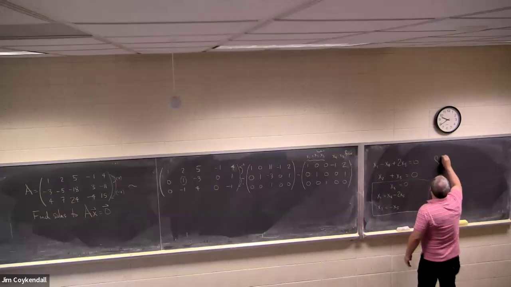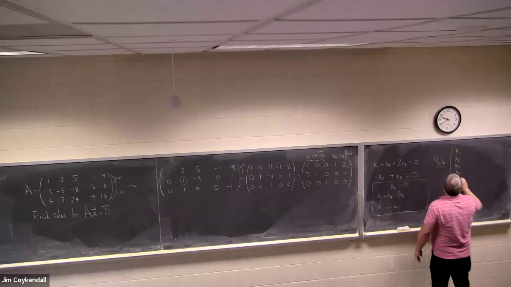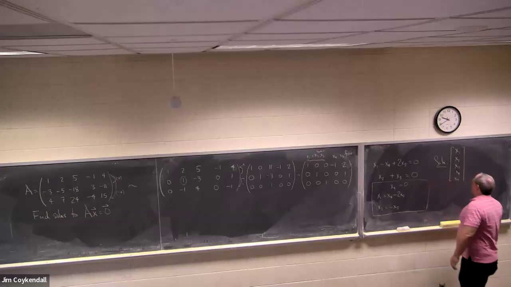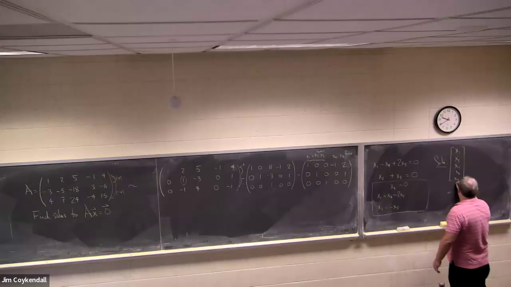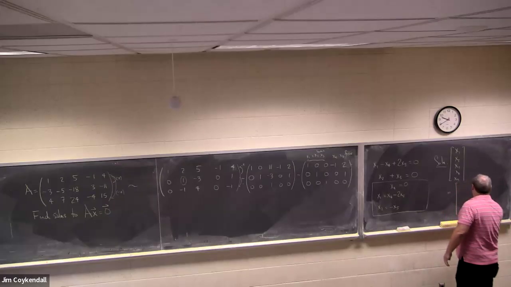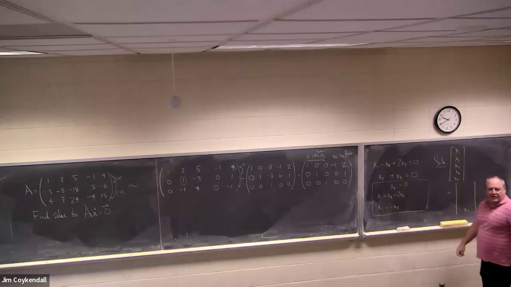So the solution, if I lose my place, I like to just kind of naively do this. Now let's make this better. What do I know? Well, X5 is free, so it's just X5.